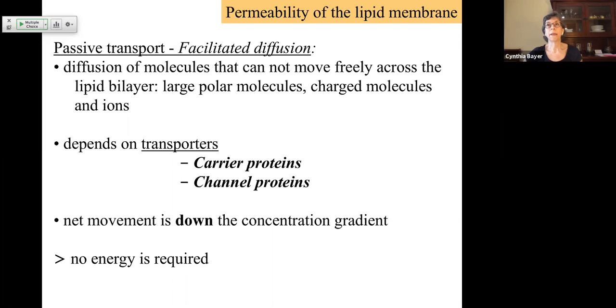The net movement of that molecule or that ion is from high concentration to low concentration. It's moving down its concentration gradient. And so we're going to look at a couple of examples of these transporter proteins. What's the difference between them? And then we'll be talking about how some of them actually work in a cell.